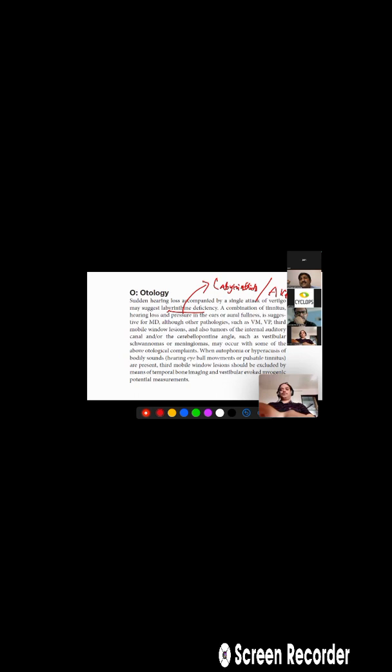There are some very beautiful points here. If somebody has auditory symptoms and vertigo, almost always the anatomical localization is outside the brainstem.